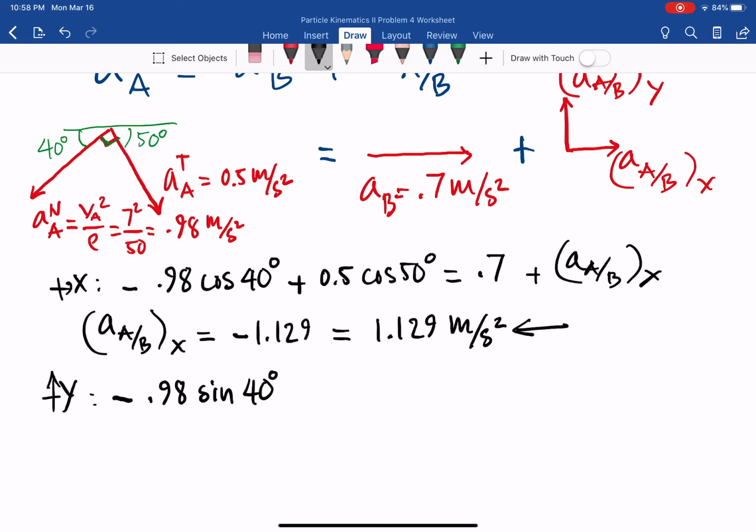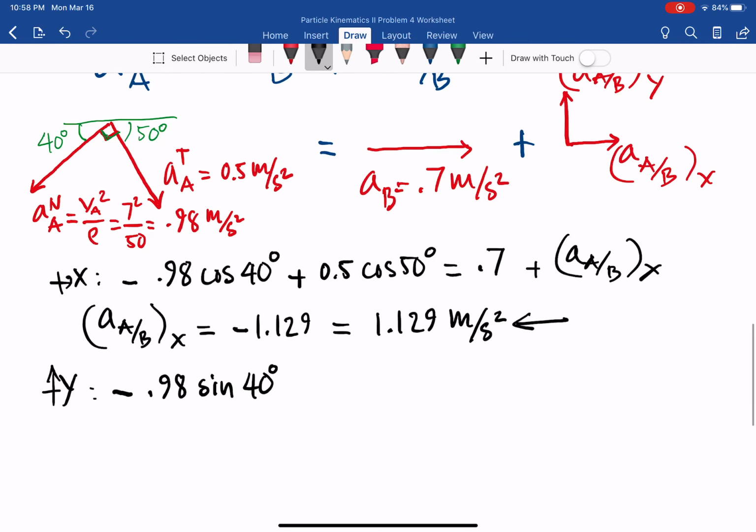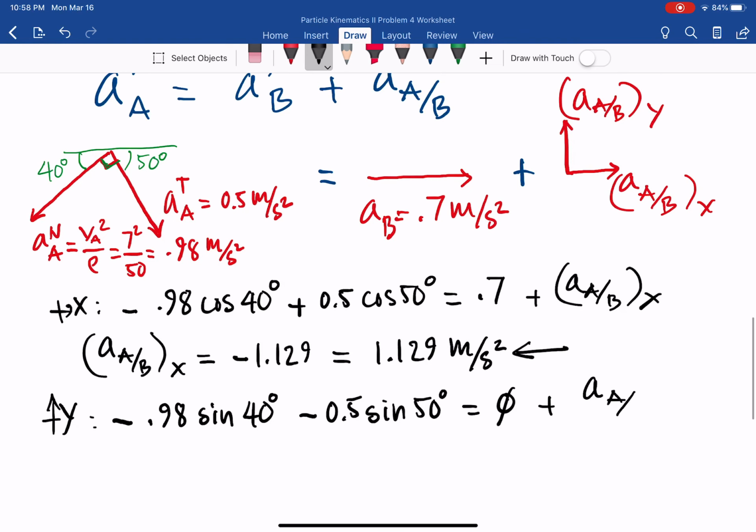And then you have the other component, x component 0.5 cosine 50 degrees, then you also have negative 0.5 sine 50 degrees, equal to A_B, which is horizontal, so the vertical will be 0, plus A_A relative to B, y component.